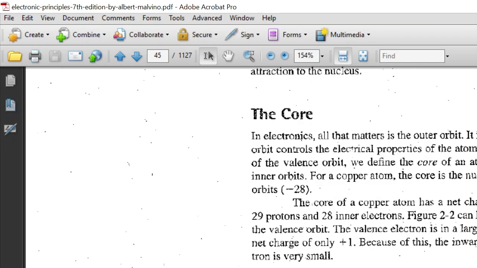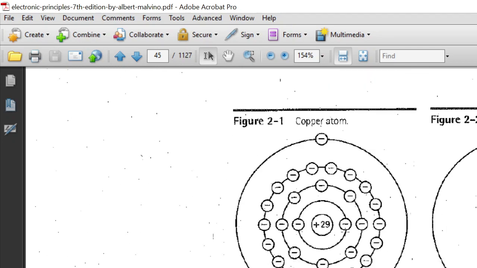Like metals such as the copper atom, you see the copper atom here. There are stable shells, stable orbits of electrons. However, the outer orbit has only one electron, and this electron is so far away from the core that it experiences very little attraction to the core.